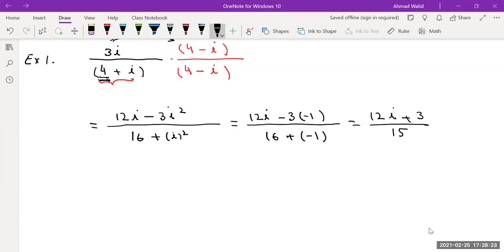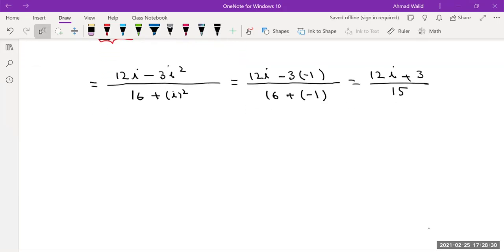Now, that is the answer. You can even simplify, factor the top, or write it as two separate fractions. But again, remember, you should write your answer in the form of a plus or minus bi.